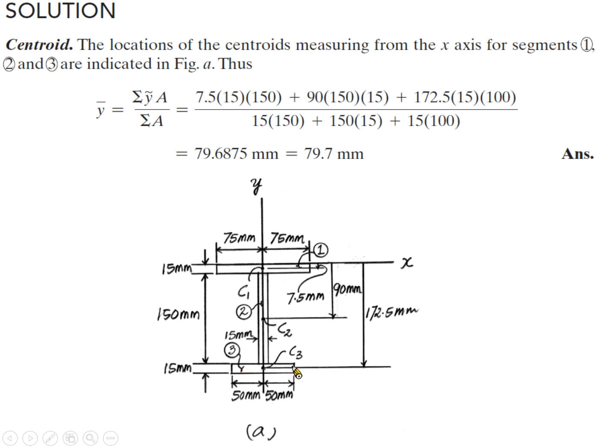Okay, then for the bottom it is 100 times 15, and then the level arm is 15 plus 150, which is 165, plus 7.5, so it's 172.5.